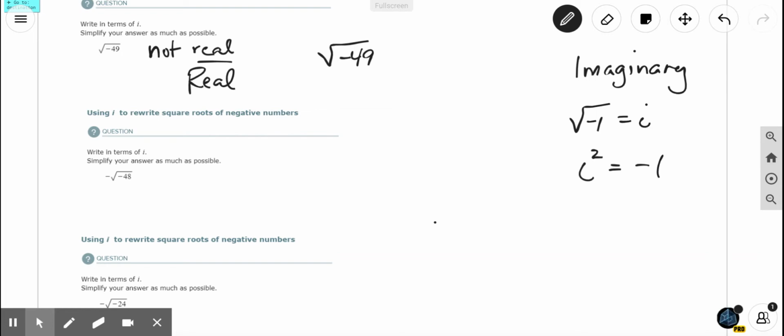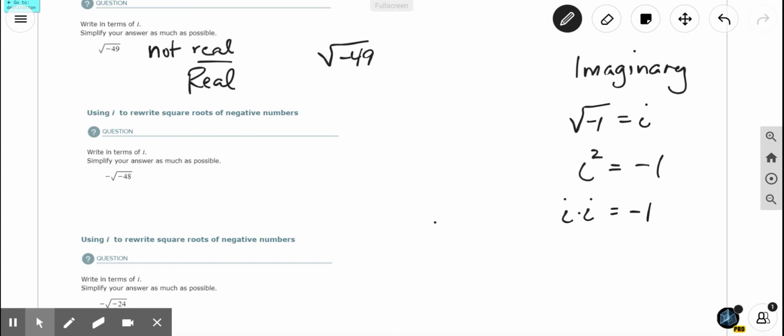You can't think of any real numbers that you could multiply together that are the same that would get negative 1. That's why they are imaginary. So i times i equals negative 1. Once you drill this into your brain, and I really mean you need to take a moment and accept it and roll with it, everything is going to be super easy.